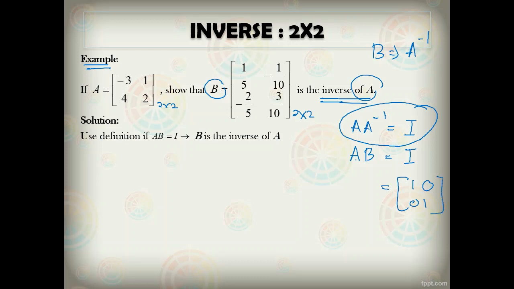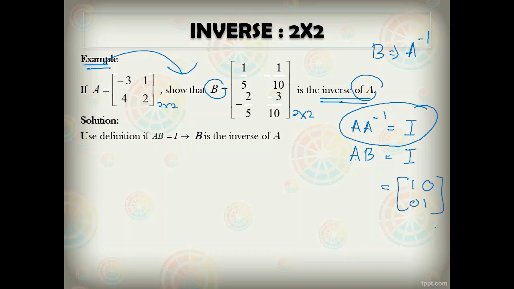We multiply A and B, and make sure the matrix we get from the multiplication is 1 0 0 1. Once we can show this, we can say that B is the inverse of matrix A. If we fail to prove that the multiplication of A and B equals the identity, we cannot declare that B is the inverse of matrix A.